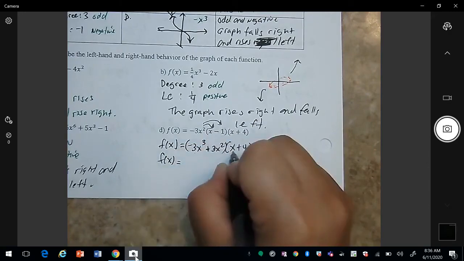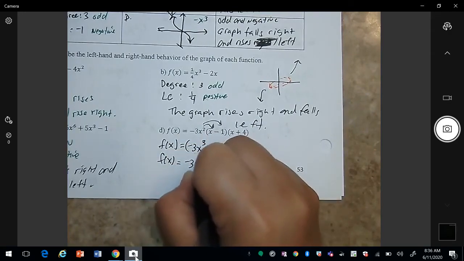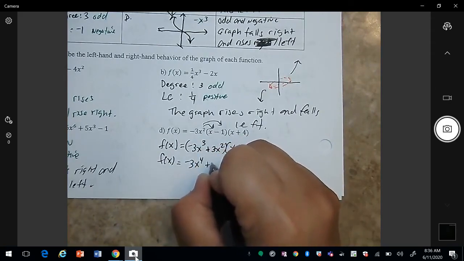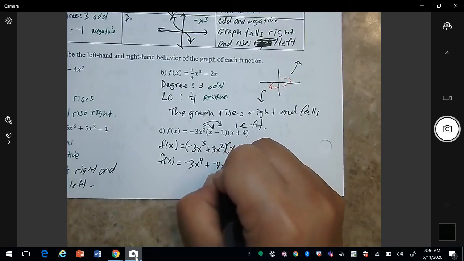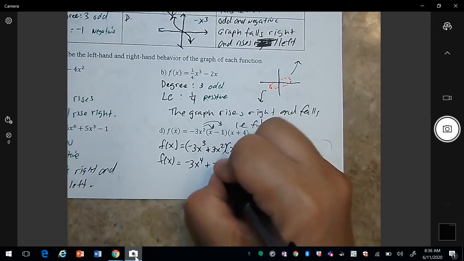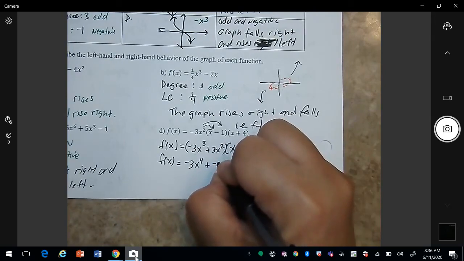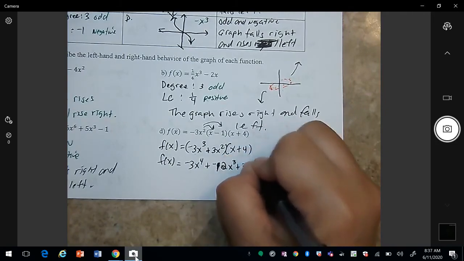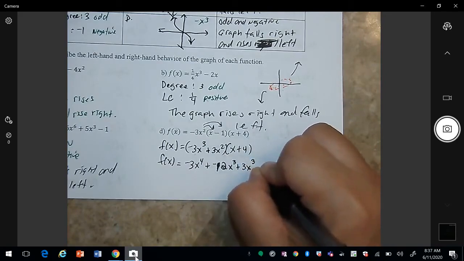So negative 3x cubed times x is negative 3x to the 4th. Negative 3x cubed times 4 is negative 12x cubed plus 3x cubed plus 12x squared.